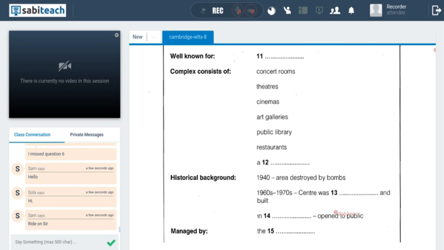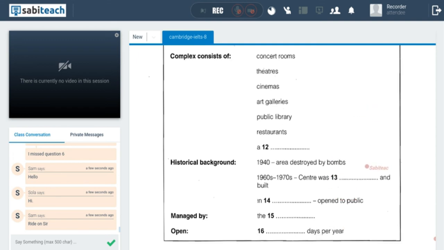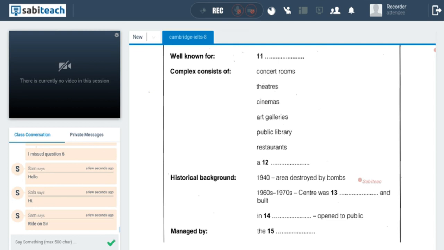For questions 13, 14, 15, and 16? So once again, you need to submit your answers to questions 11, 12, 13, 14, 15, and 16. So what are the answers?